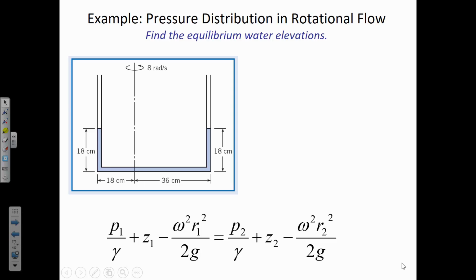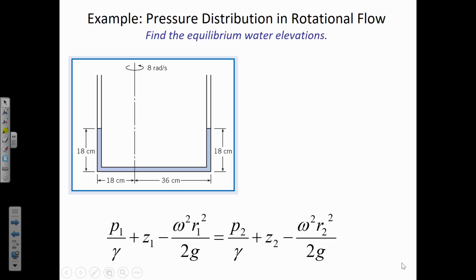Z2 is 8 radians per second squared divided by 2g, so 9.81 meters per second squared, multiplied by 0.18 meters squared minus 0.36 meters squared minus 0.36 meters divided by -2.